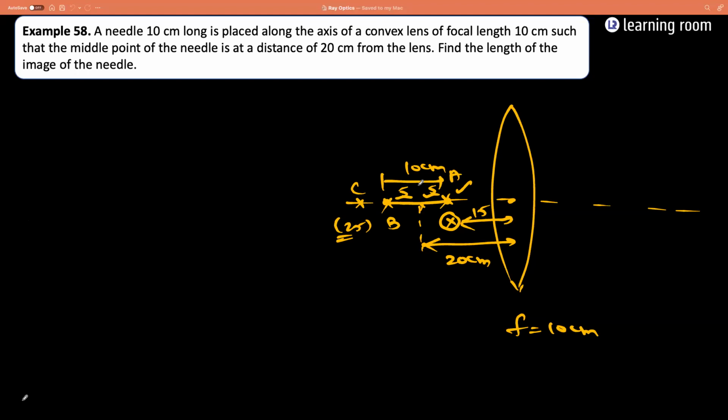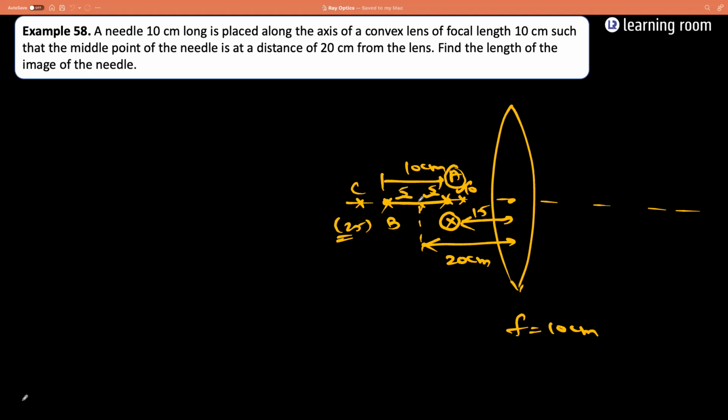So focal length is 10, which means what is the position of the first point? Is it not beyond the focus? Point A of the needle is beyond focus.